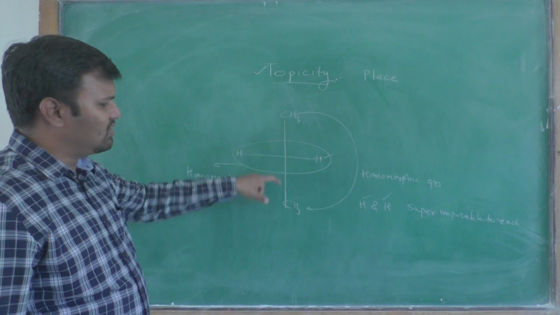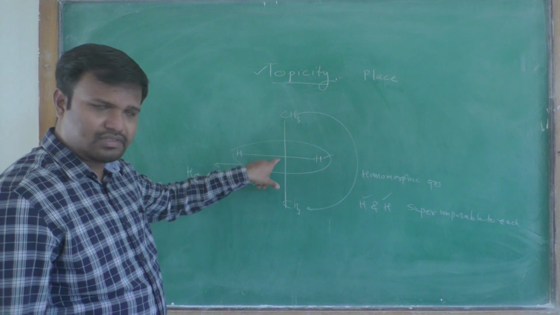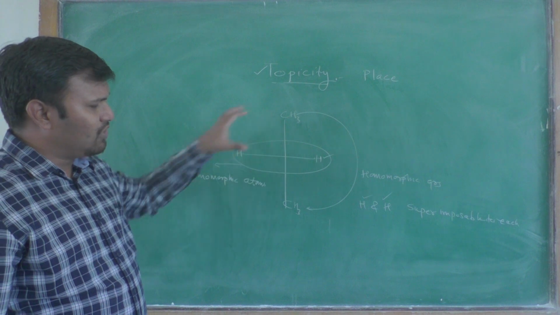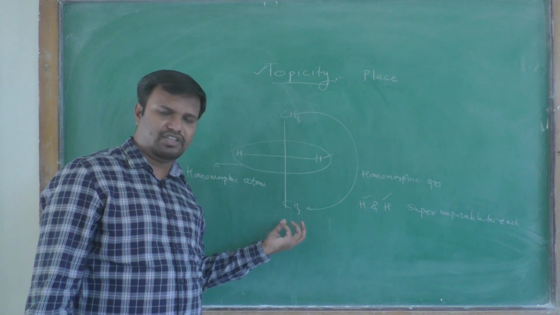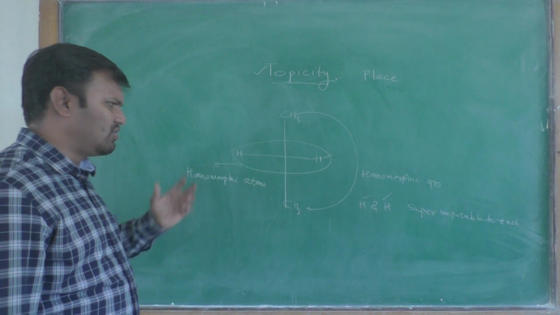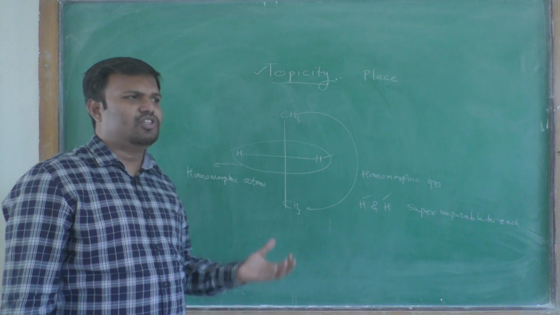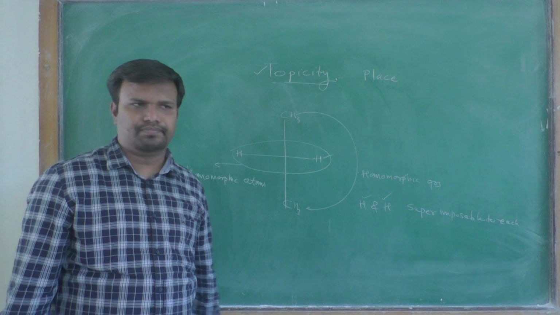Again, CH3 and CH3 are identical ones, attached to the same carbons, and when we isolate a CH3 group, it is the same as the second CH3 group. Therefore, these are superimposable groups, the same, identical ones. These groups are called homomorphic groups.